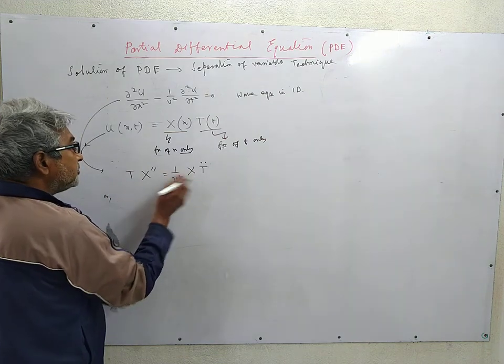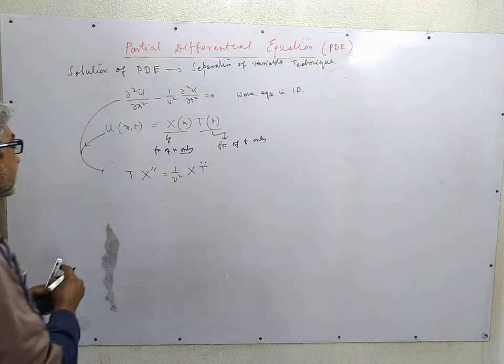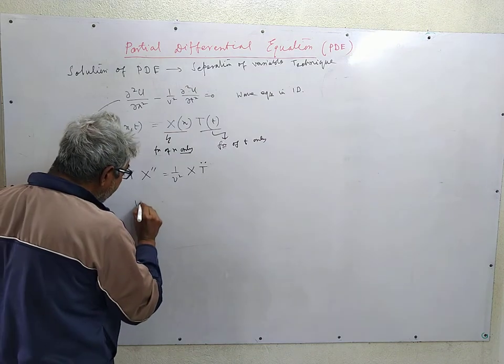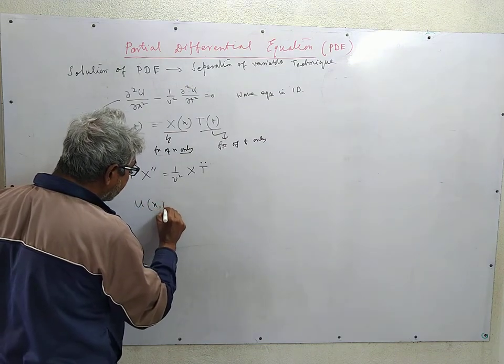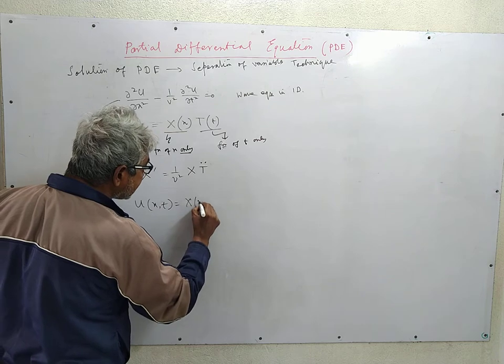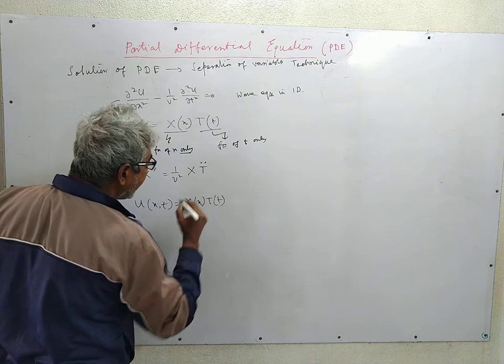The solution of the equation is u of x, t. Recall that it is X of x times T of t.